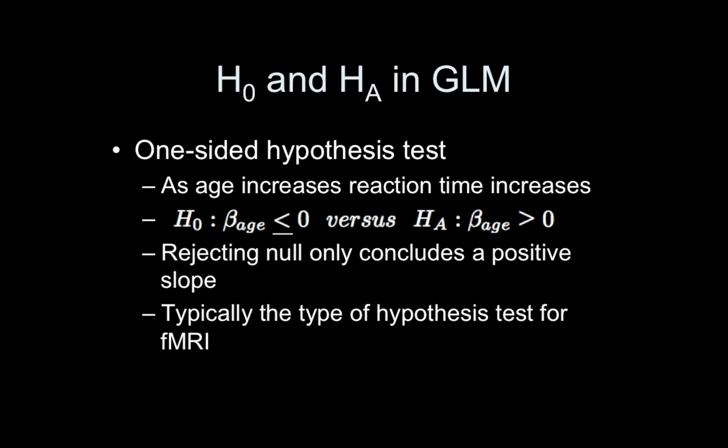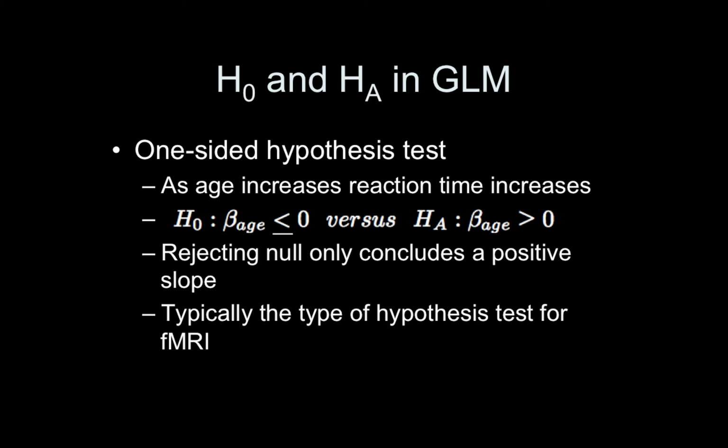A one-sided hypothesis test is almost always what we do in imaging analysis, if you're using imaging analysis software. And in one sense, it kind of doesn't make sense. But on the other hand, if you think about, for example, fMRI data, typically you're comparing two tasks.